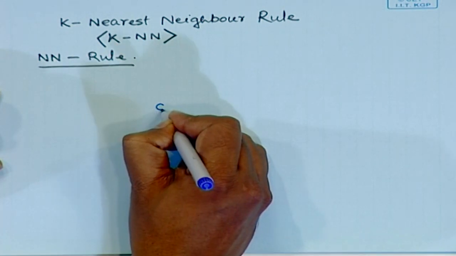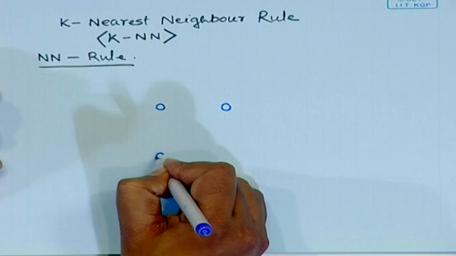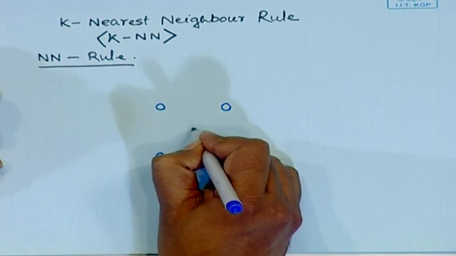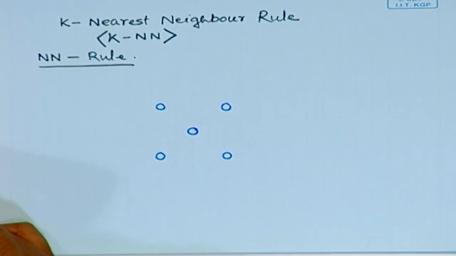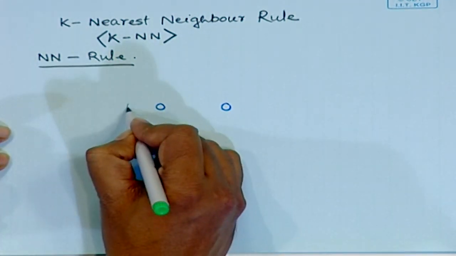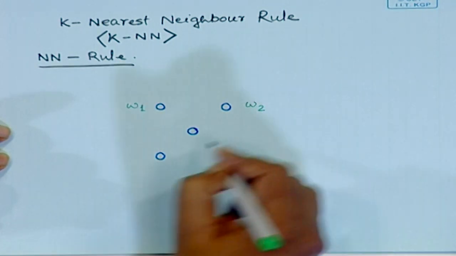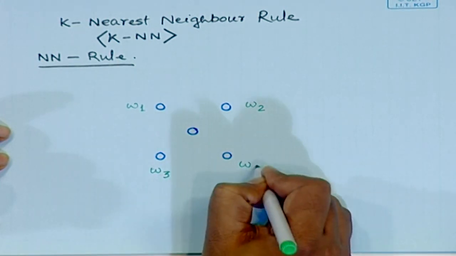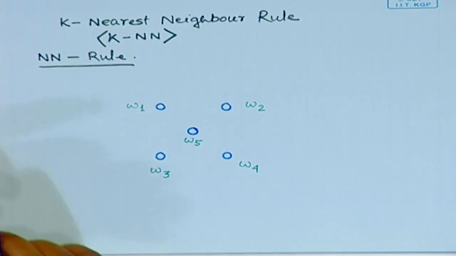So, this is one sample, this is one sample, this is one and this is one, and I may have another sample somewhere over here. Let us assume that this sample belongs to class, say, omega 1, this sample belongs to class omega 2, this sample belongs to class omega 3, this one belongs to class omega 4, and this one belongs to class omega 5.